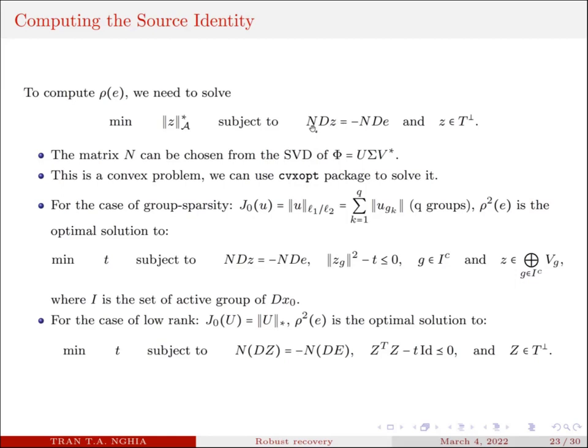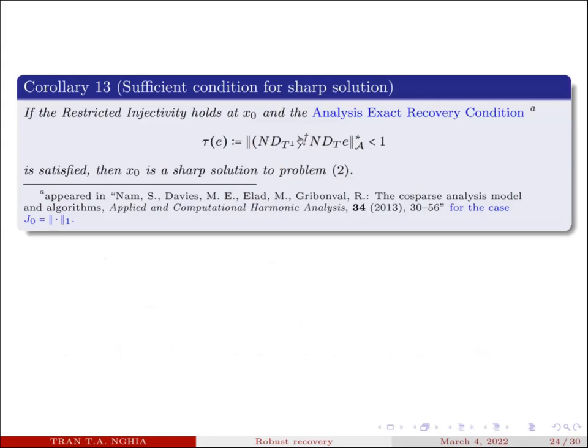For rho E, we need to find the minimizer, the optimal value. For gamma E, we just need to take a solution of this one, and that solution can be computed by using the Moore-Penrose inverse matrix. In the case of the L1 norm, this identity appeared in this paper.